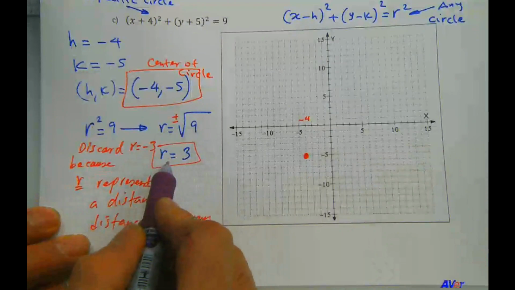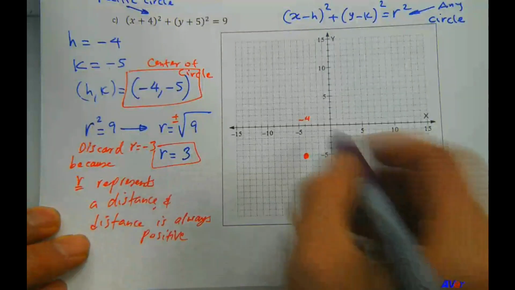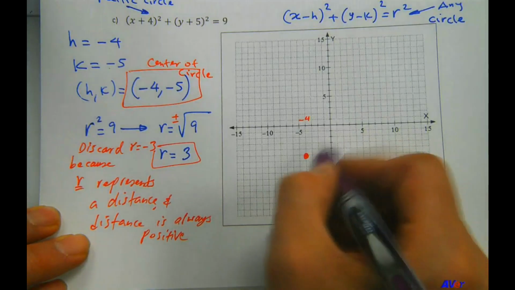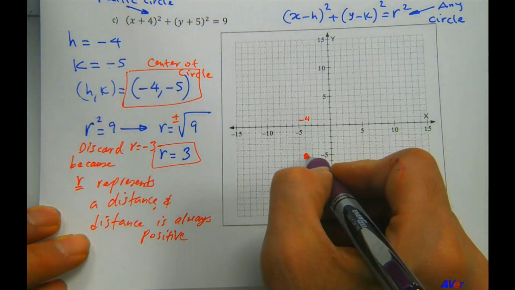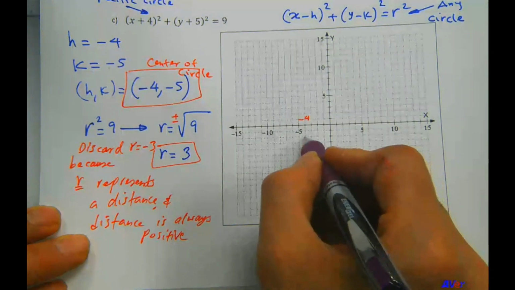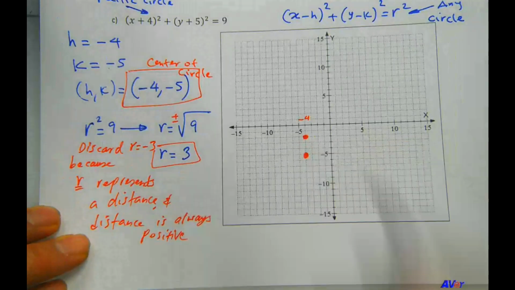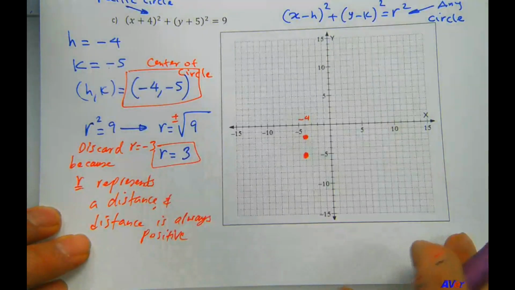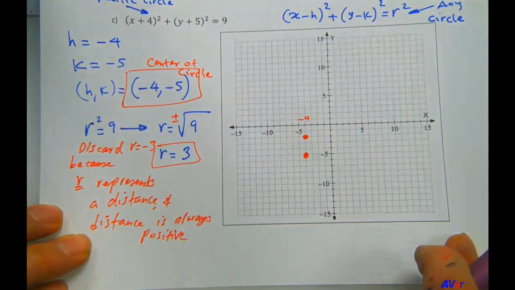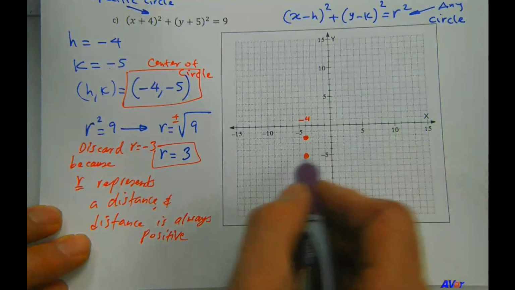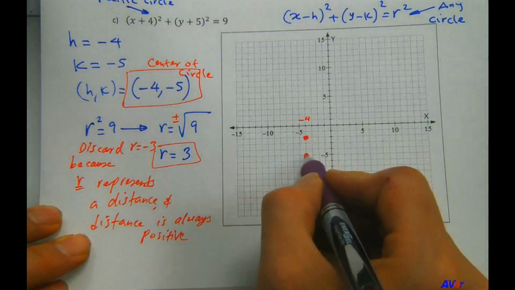Then with radius 3, radius 3 on either side of this would be, if this is negative 5, so go up until negative 2 right there. Good. This is a smaller circle than the other ones, right? The bigger the circle, the poorer my skills of drawing it. So this is a small circle. That's good.